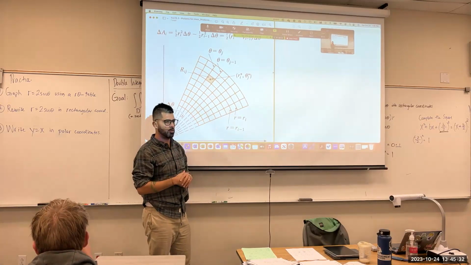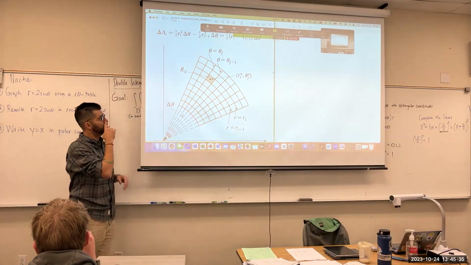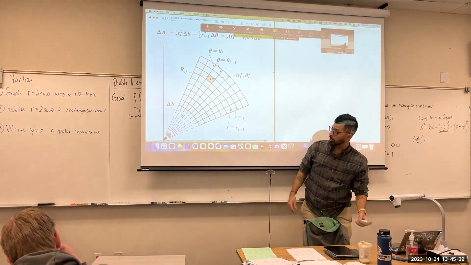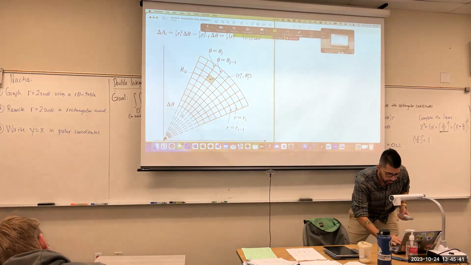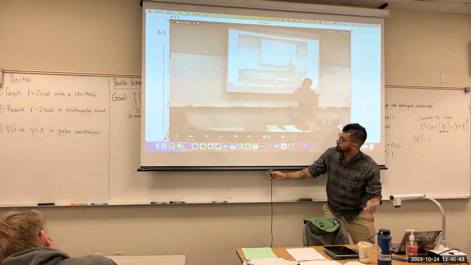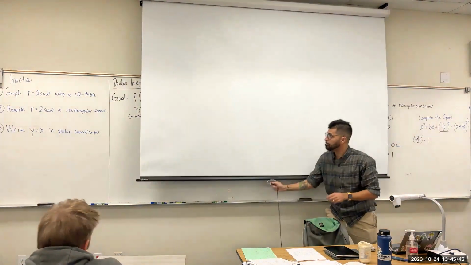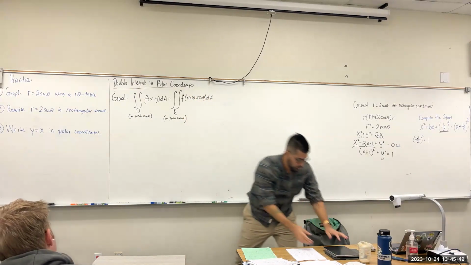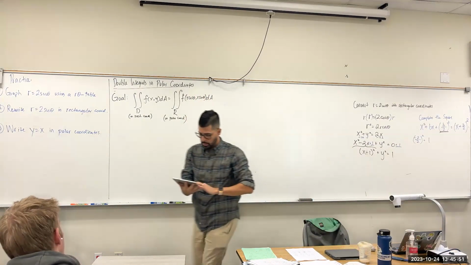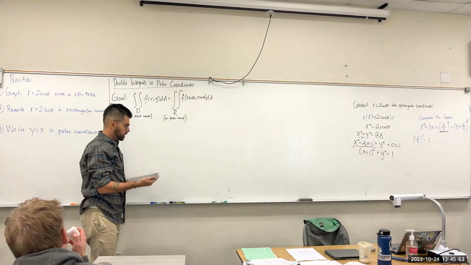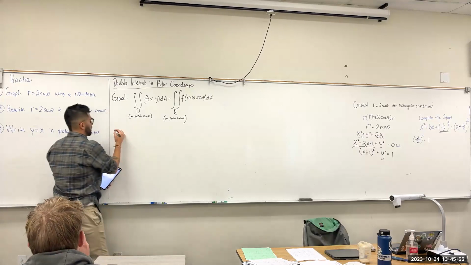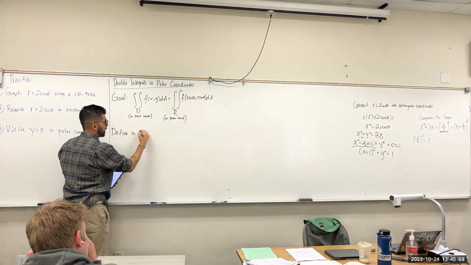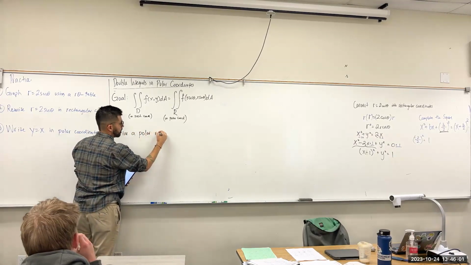So it's very similar to the rectangle and we've got to bring in all this stuff. All right, so that's the game plan. Let's see how we're going to do this. All right, so we're gonna define a polar rectangle.